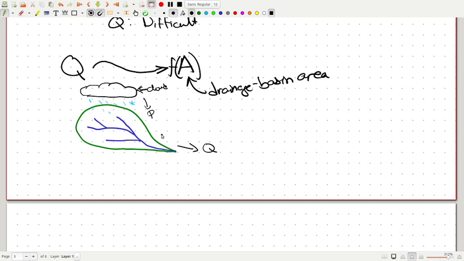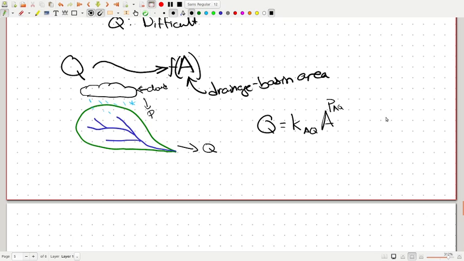But if we ignore the complexities of the hydrological system, which I'm having a hard time doing as I'm just discussing this right now, we might be able to say that there is a simple relationship in which the discharge is going to be equal to some coefficient, so some K_AQ converting area to discharge term, times drainage basin area to some power P_AQ.